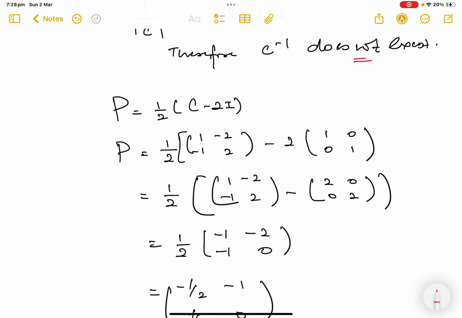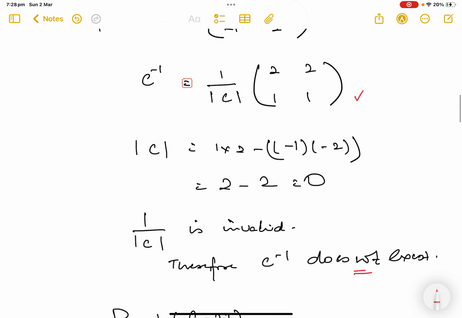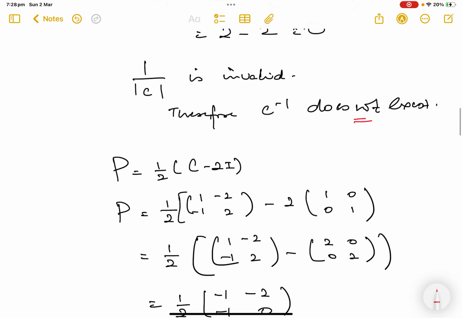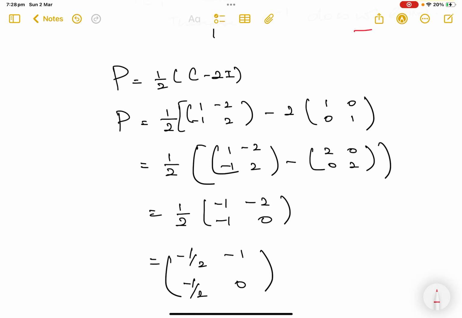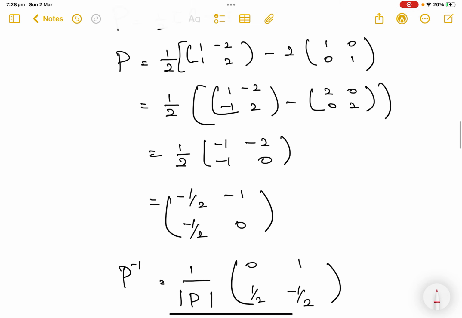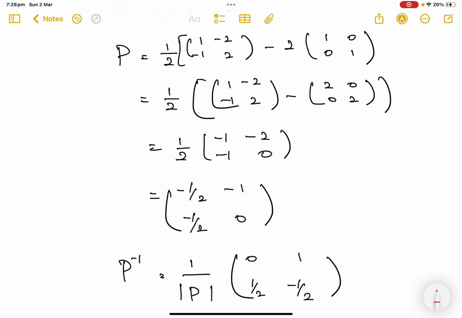Half, and C, we know. The identity matrix, a 2 by 2 matrix, is 1, 0, 0, 1. If we simplify it, it's just subtraction. 1 minus 2 is minus 1, minus 1 minus 0 is minus 1, minus 2 minus 0 is minus 2, and 2 minus 2 is 0.